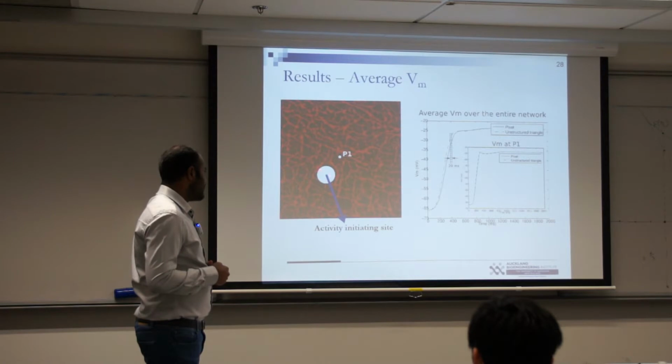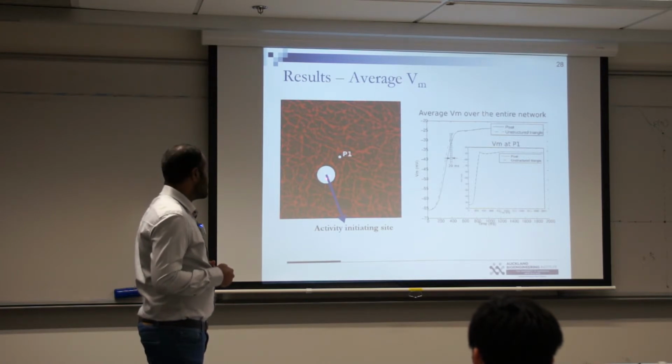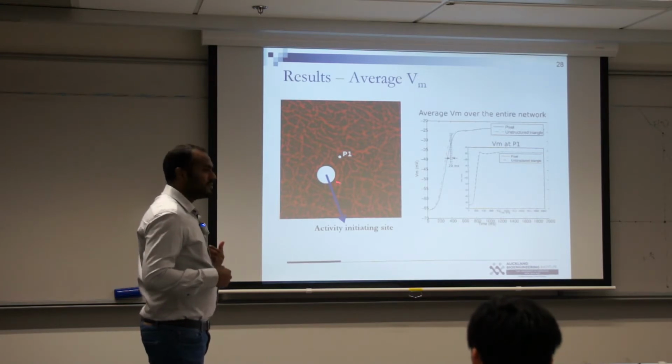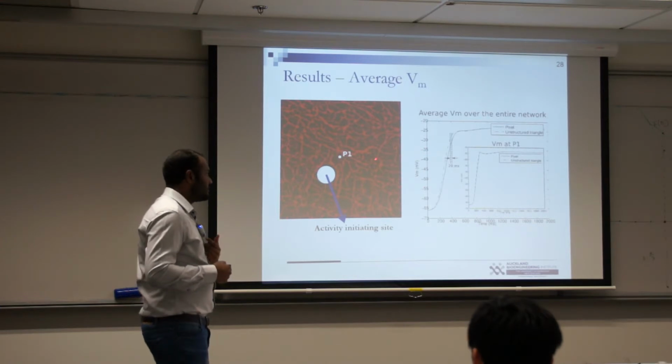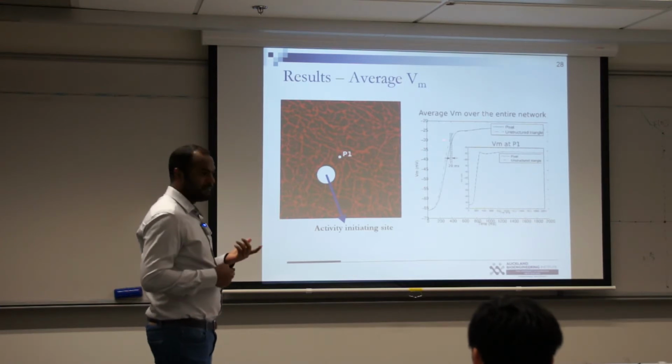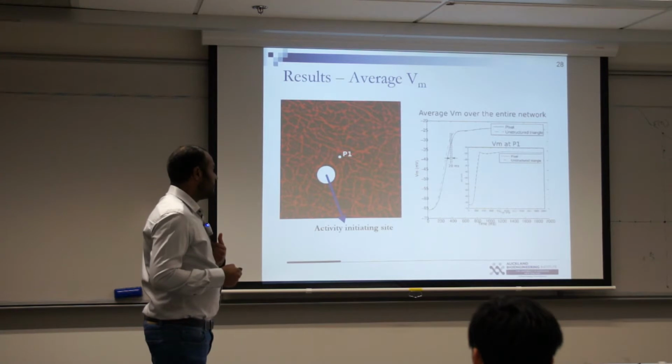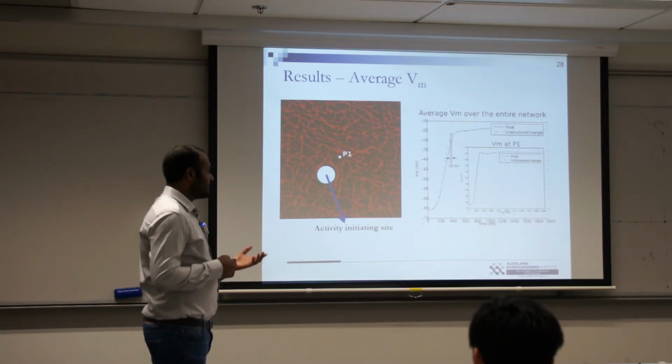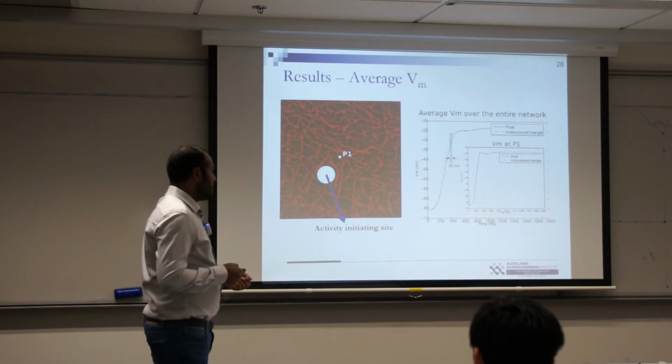So we initiated an activity over this region, whereby the activity propagates radially to other parts. We took an average of the entire Vm for both the pixel-based and the unstructured mesh, and we found a 20 milliseconds difference between the 2 simulations.